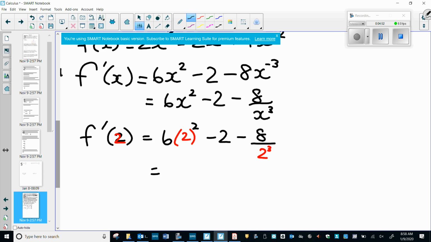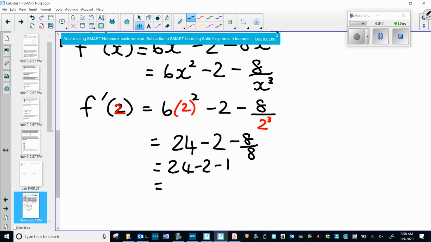What do we have to do first with the 2 squared? 2 squared is 4, multiplied by 6. And what's 2 cubed? 8. So it's 8 over 8. So that's 24, subtract 2, subtract 1, which is 21. What's the answer?